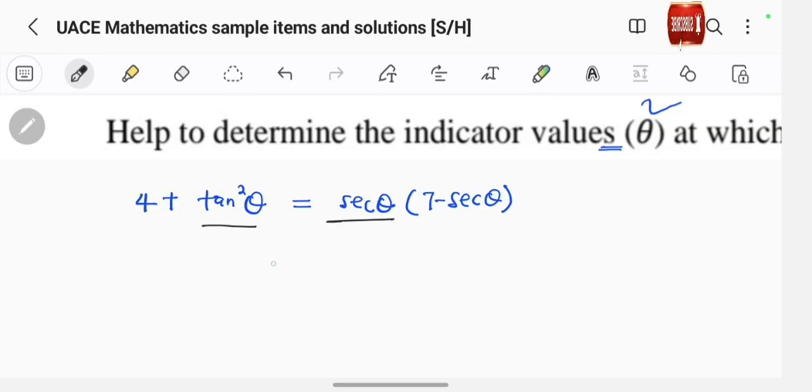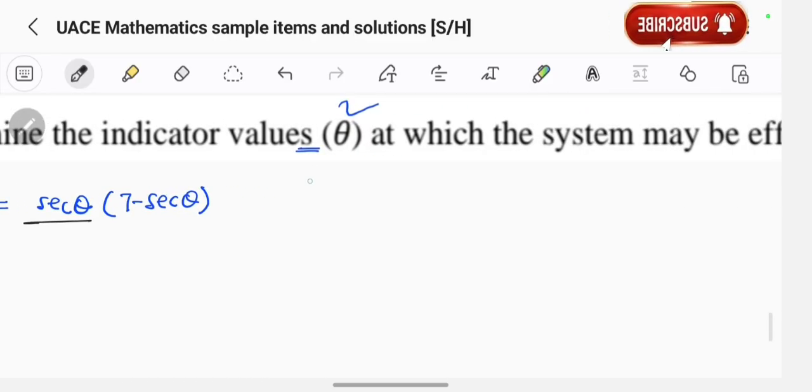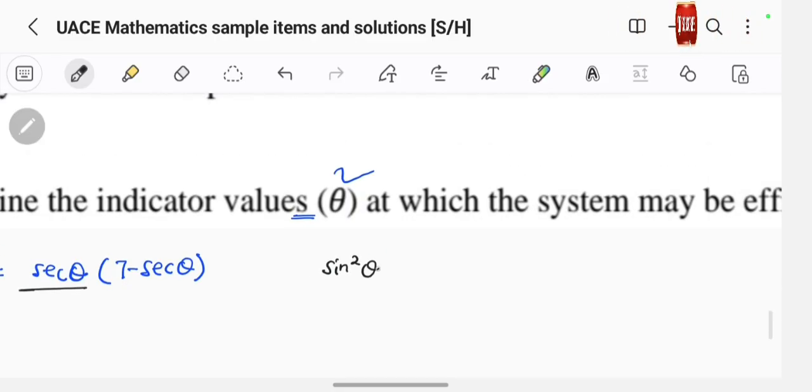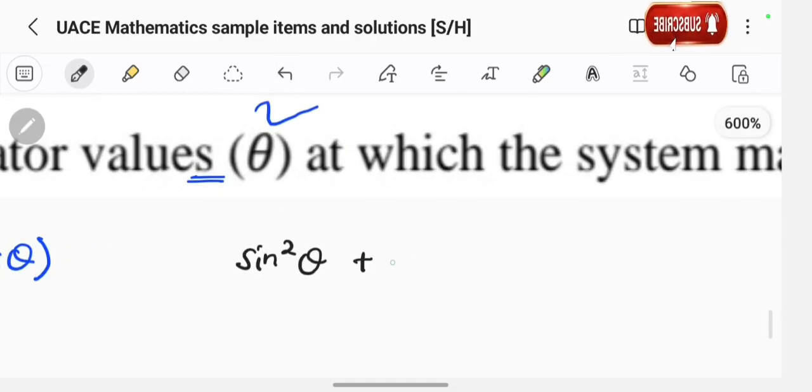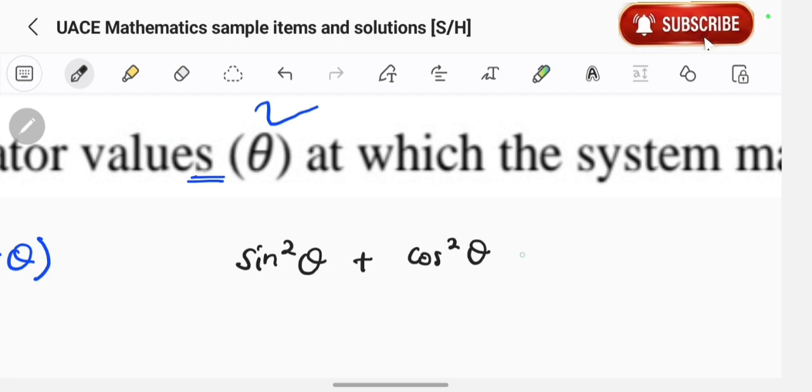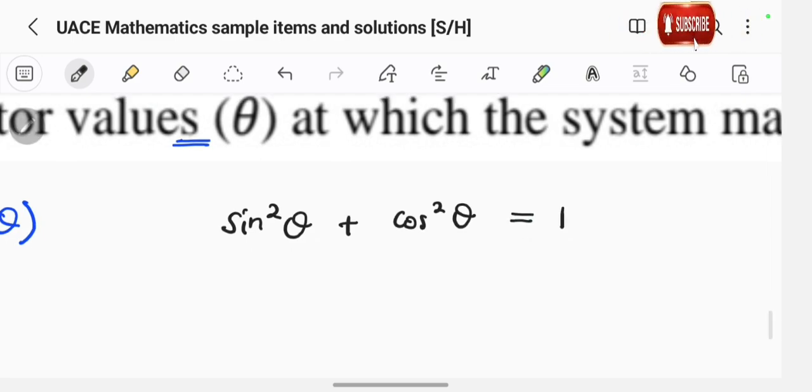You know very well that from our mother equation, which is sine squared theta plus cos squared theta, these are equal to 1. We all know that. So if I want to get tan, I divide by cos.